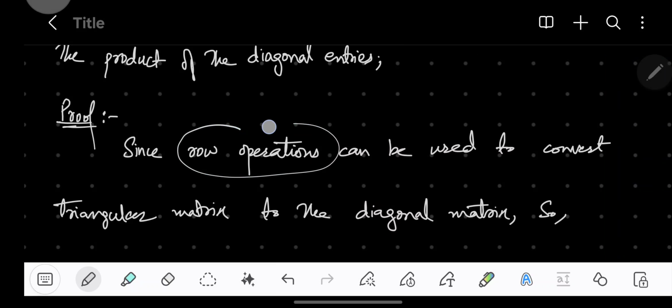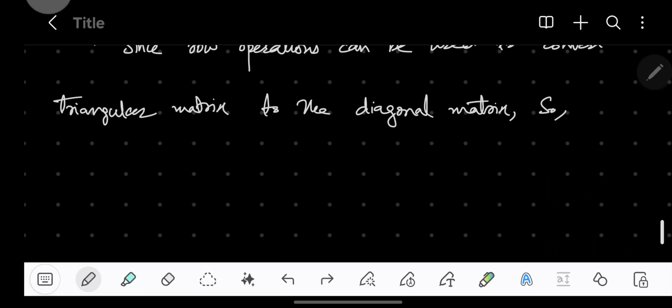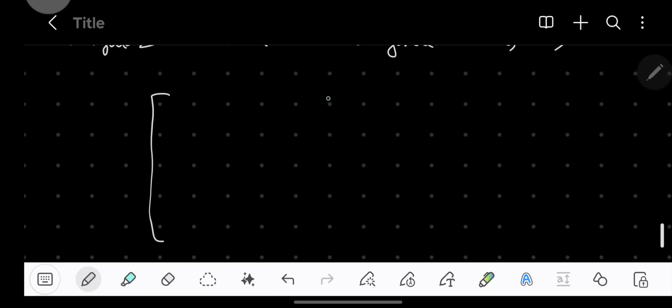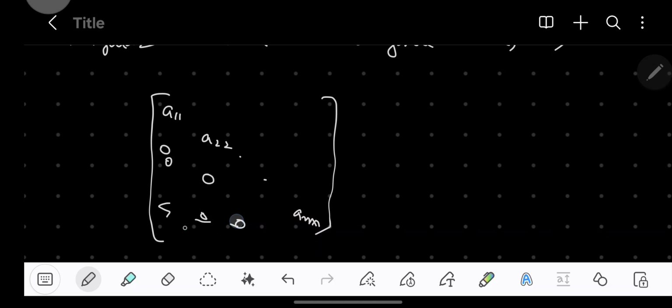Since row operations can be used to convert the triangular matrix to a diagonal matrix, we can have the determinant equal the product of the diagonal entries. What does that mean? If you have, for example, an upper triangular matrix with A11, A22, up to ANN on the diagonal, and everything below is 0, and above you have anything.